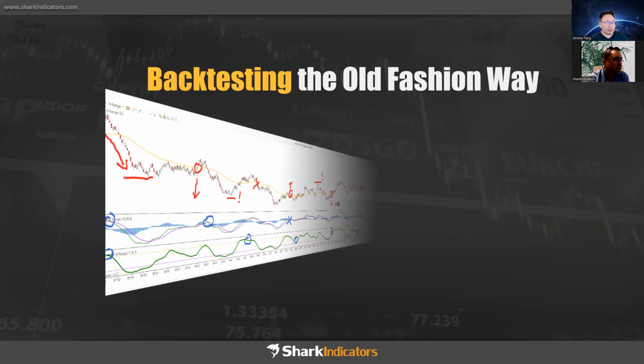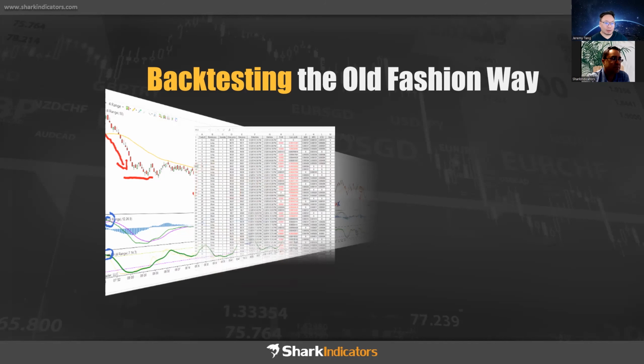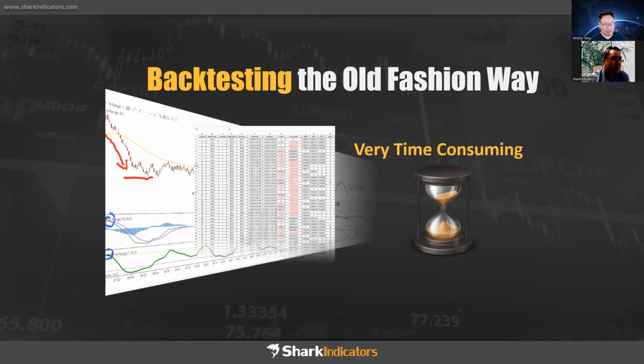Then the really challenging part beyond the entry points is figuring out how the stop losses and the profit targets are going to behave and where they're going to be hit. And then when you finally figure that out, tabulating all those results in an Excel spreadsheet. As you can imagine, that's an extremely time-consuming process. In fact, so time-consuming that the majority of traders don't do this sort of thing. It's just really, really tedious.